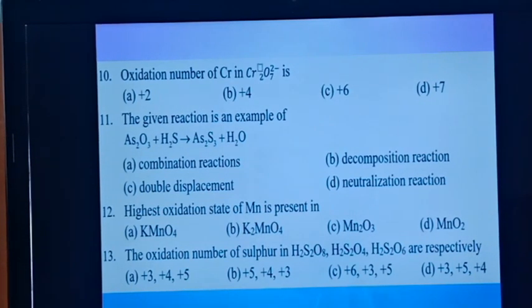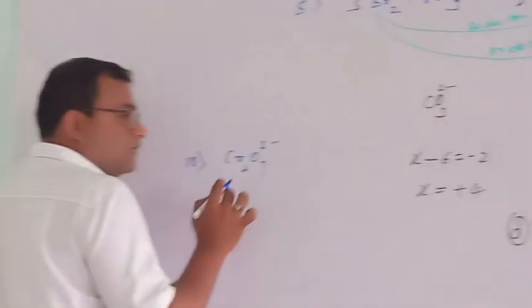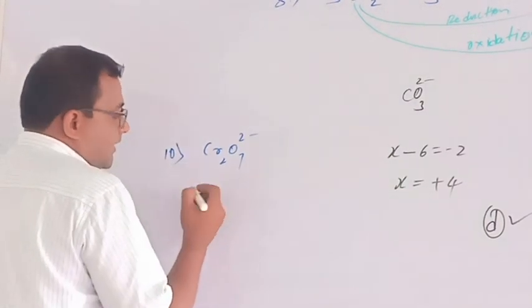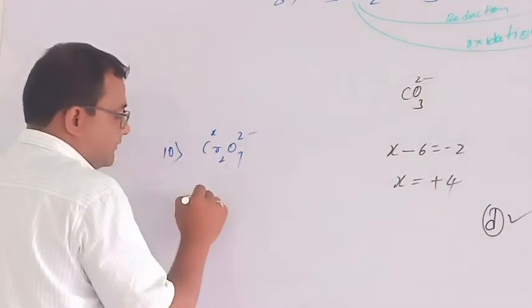Question number 10. Oxidation number of chromium in Cr2O7 2- is. What to find? The charge of chromium. We don't know it, so let it be x.